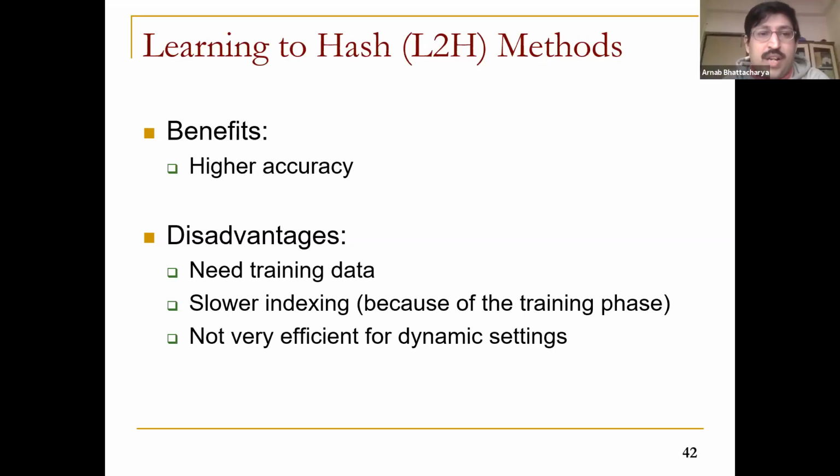Just to add, learning to hash is just like any ML thing. Once you have learned and new data comes, there is not much you can do unless you use a lot of other techniques, RL and all those things. So you have to relearn. These are not very good for updates. LSH per se is very good because you get a point and you hash it.